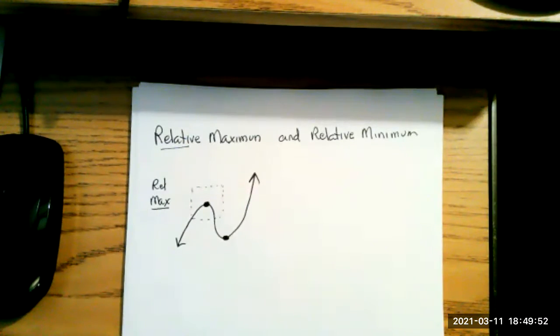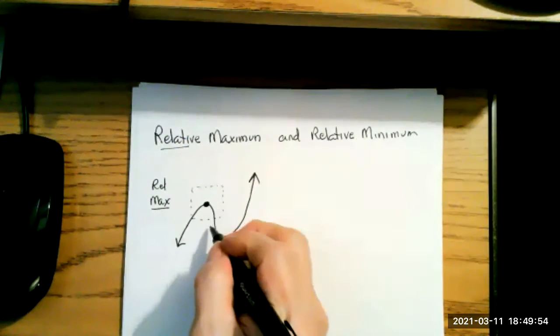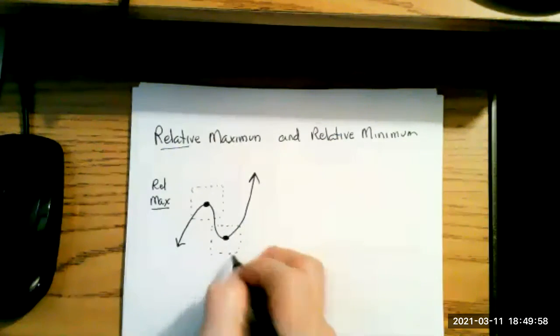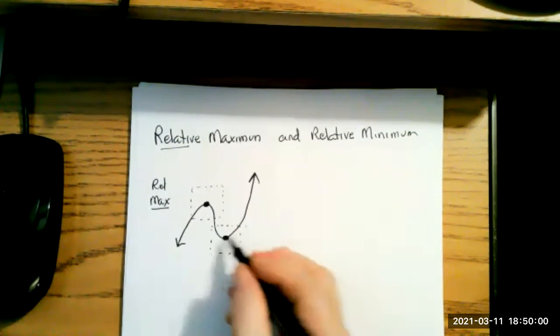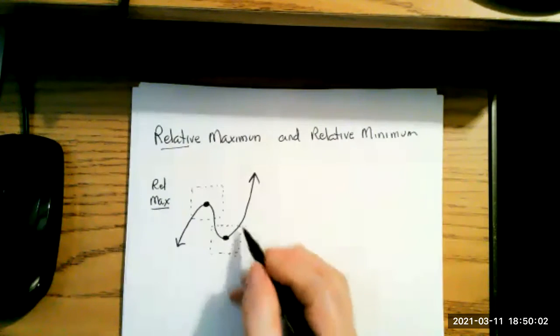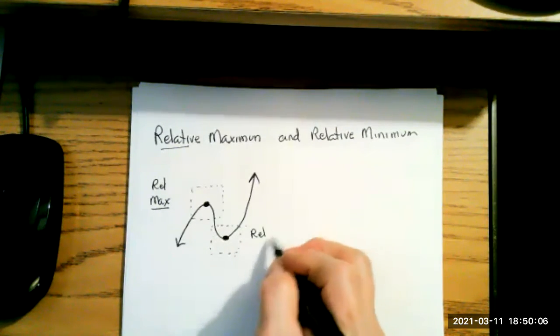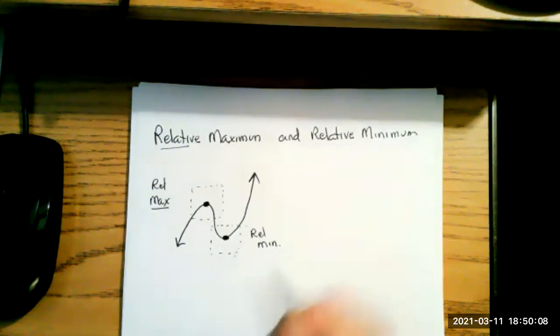Okay. And again, if I drew a little box around this, in this area right here, which is relative to this little box, this would be called a relative minimum.